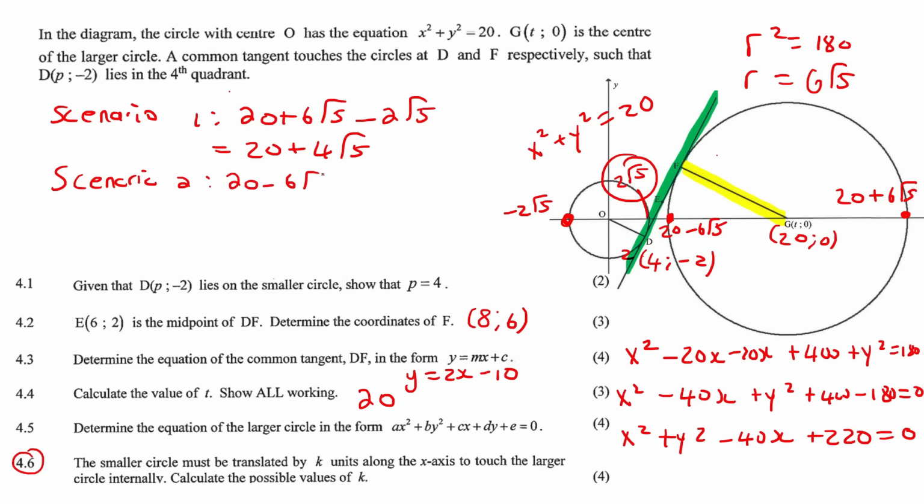So that ends up becoming 20 minus 6 plus 2, which is 20 minus 4 square root 5. So those are the possible values of k. If we want those as decimals, this one, 20 plus 4 root 5, is going to be 28.94, and the bottom one, 20 minus 4 square root 5, is going to be 11.06 if we round to 2 decimals.